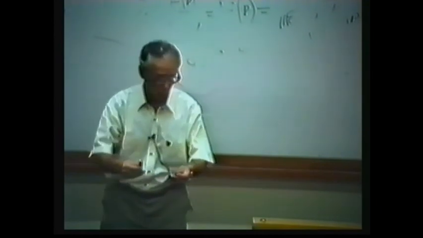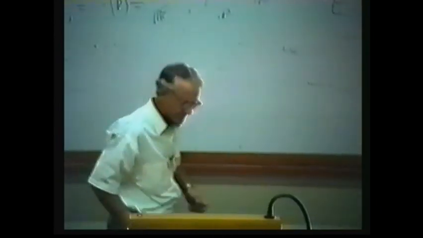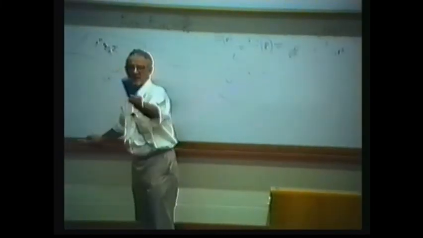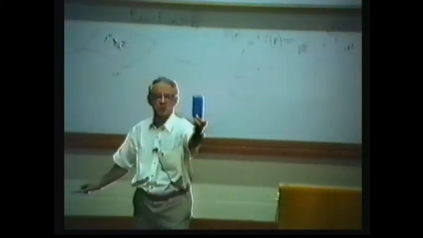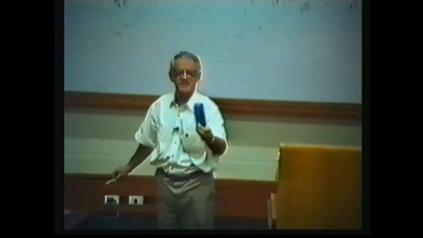So let me write down what you told, to check how we understand each other. Just a second. Suppose I would like to find the gravitational field due to this object. Who can dictate to me how to find the gravitational field due to this object?